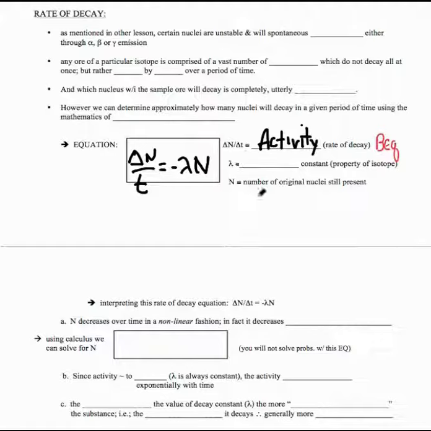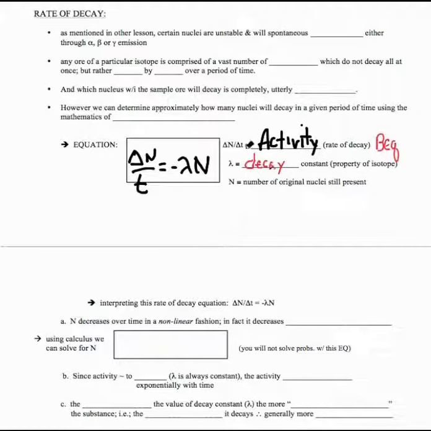Lambda is not wavelength. It is called the decay constant. And what you want to know about that for now is that it is a fundamental property of the nucleus. It is completely independent of temperature. It is completely independent of the surroundings. It's even independent of the amount of the sample you have.